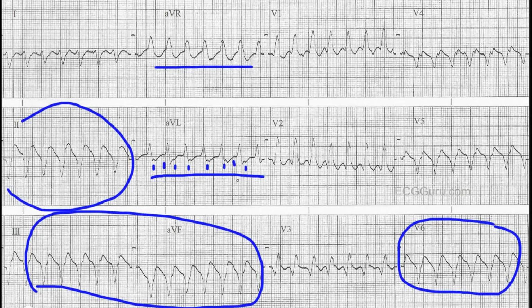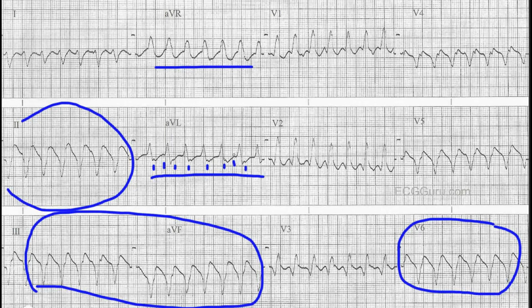But if those are P waves, they're not associated with the QRSs. There's not one in front of each QRS at the same distance from the QRS. So if those are P waves, they're dissociated. If they're not P waves, then we don't have P waves. Either way, we have a favorable diagnosis of VTach. I mean, it's not favorable to have VTach, but the diagnosis favors VTach.